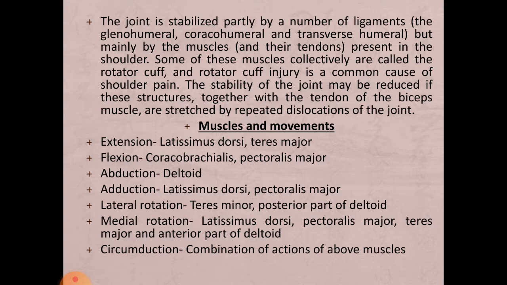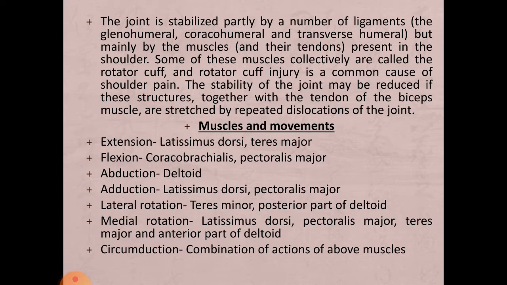Next, we will talk about the movements around the shoulder joint and all the muscles that are responsible for the movements. As we know, this is a ball and socket type joint, so it is a multi-axial joint, meaning it allows movements at various axes.